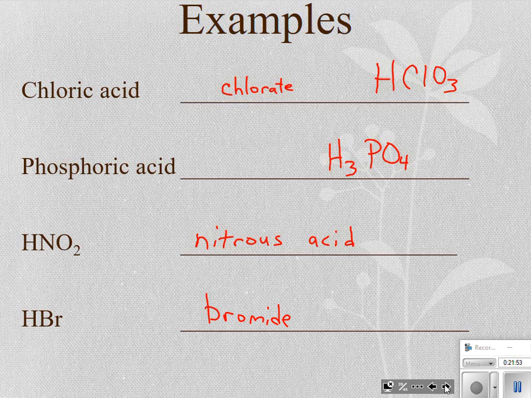If I have bromide, what rule am I dealing with? Rule number 1, correct? Rule number 1 tells me to put hydro in front, replace the IDE with IC, and add the word acid. So HBr would be hydrobromic acid.